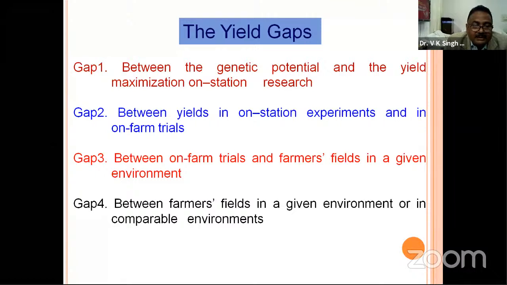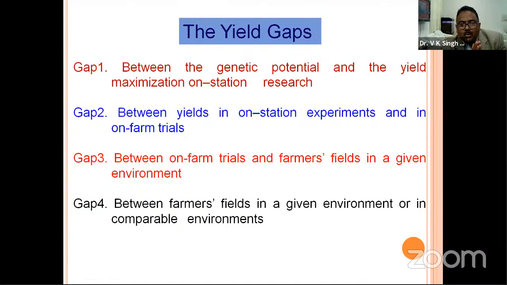And another kind of gap we find within a village. You will find farmers who are getting very high yield in the same village, but some other farmers are not getting high yield because of poor management and poor soil supplying capacity. So here is gap 4, I'm not talking about the first, second, third.